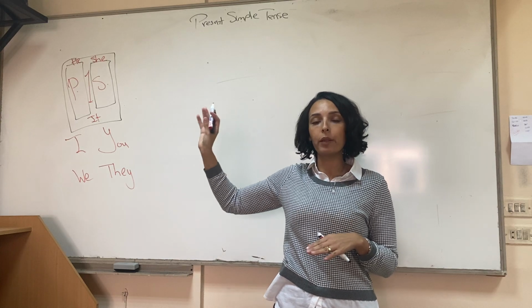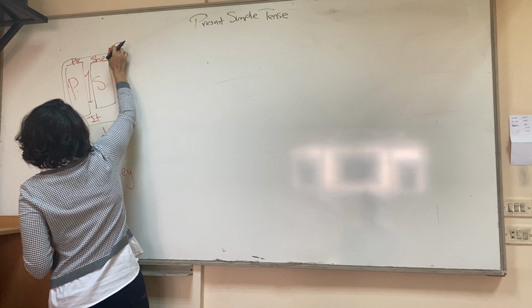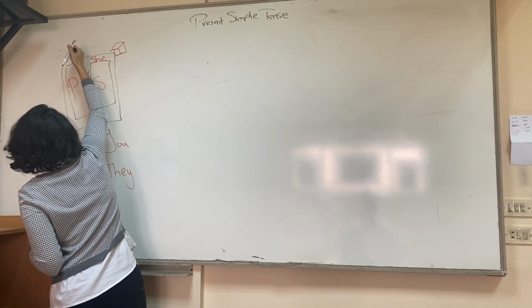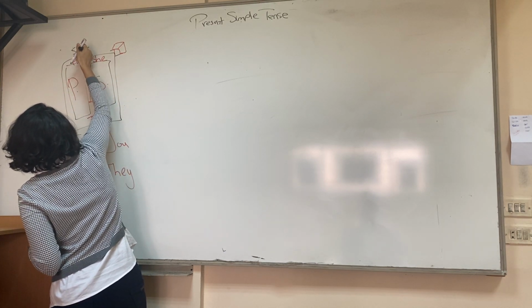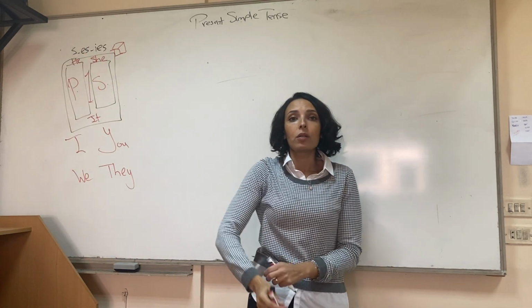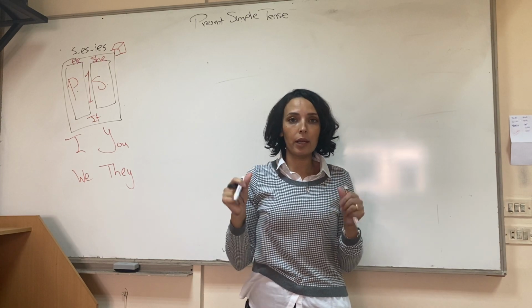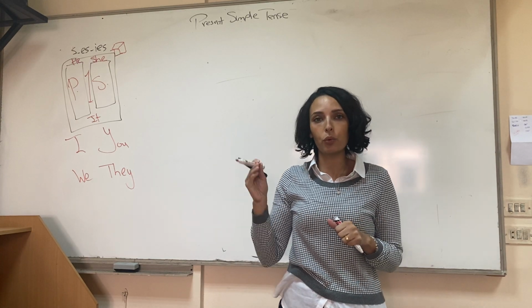They will take the presents. What are these presents? We have the S, ES, and the IES. So if you see he or she or it, you're going to add S, ES, IES to the verb.